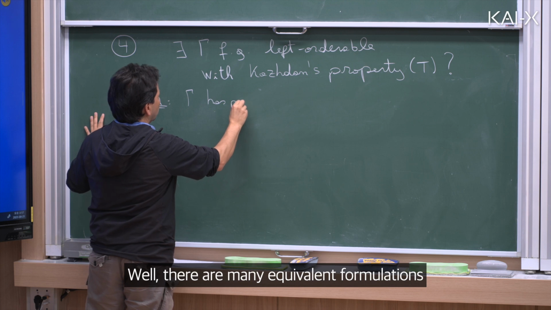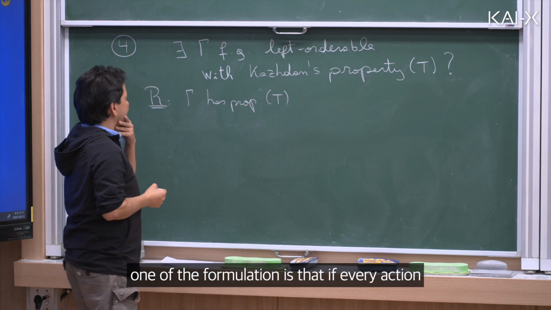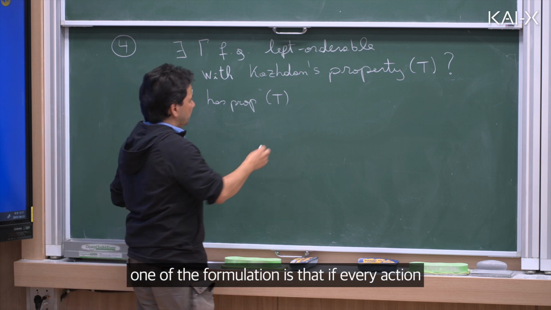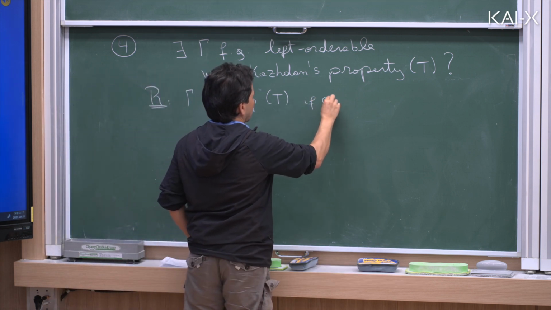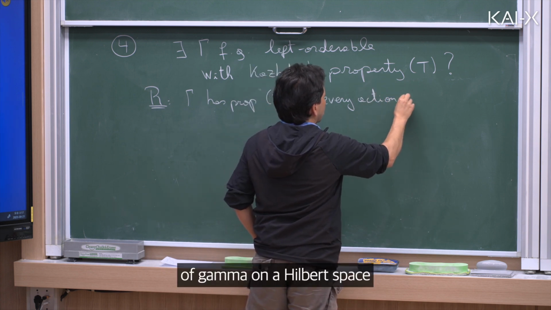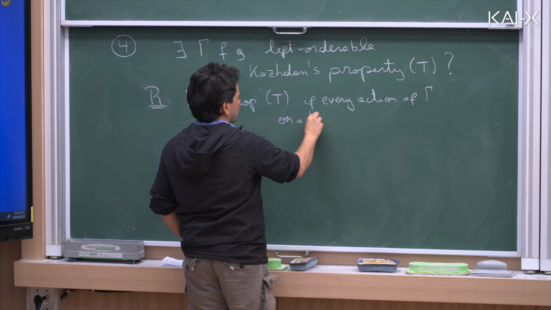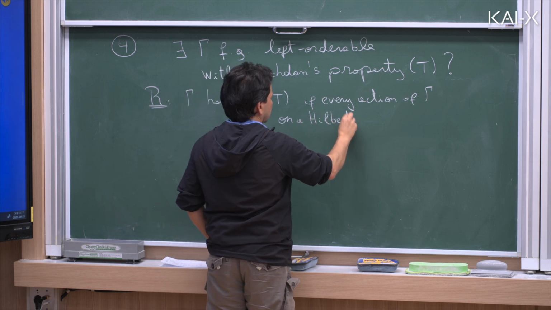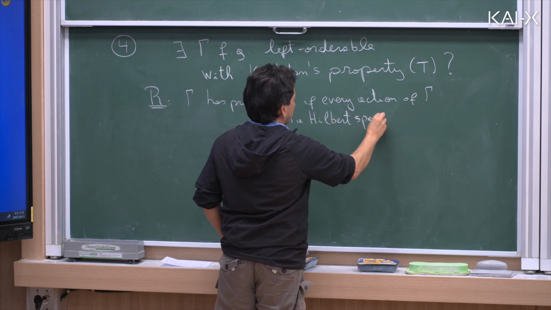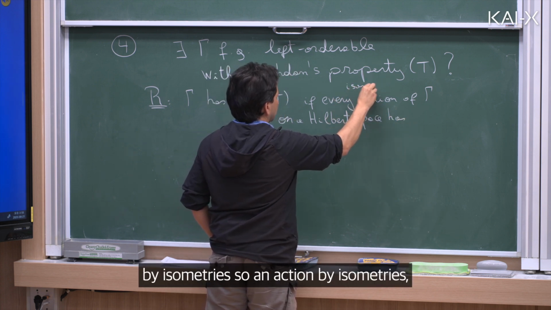There are many equivalent formulations. One of the formulations is that every action of gamma on a Hilbert space, I mean isometric action, an action by isometries.